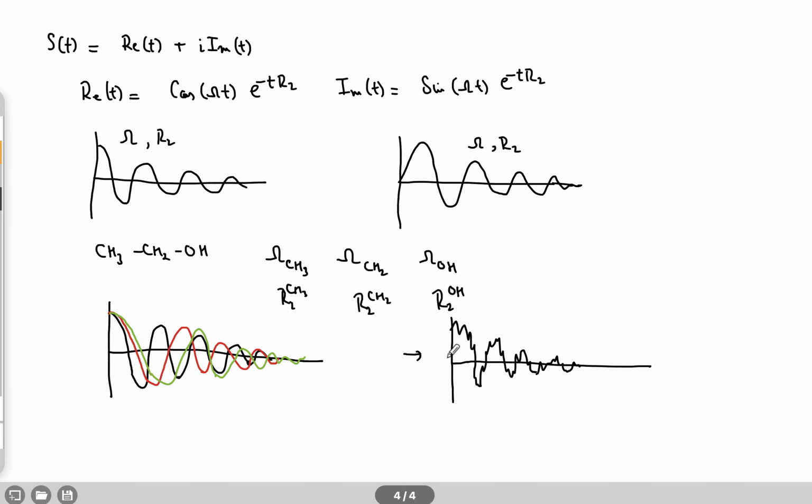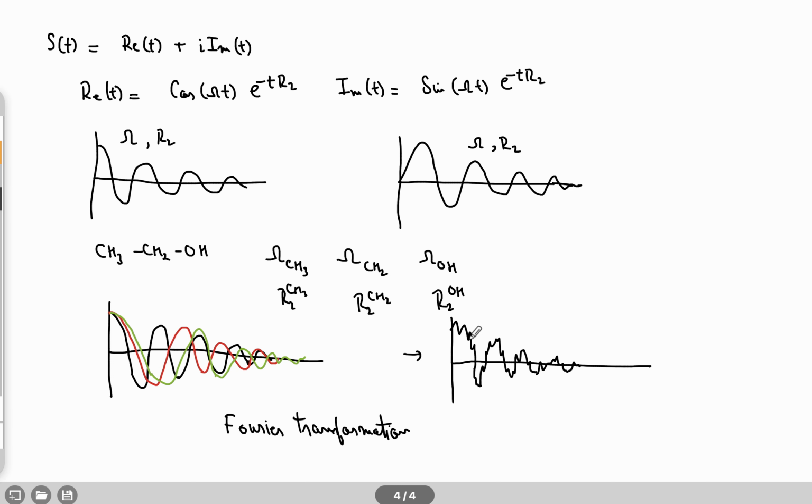So now how do you extract out the different frequencies and different R2 rates from here, right? So what we do is we use something called Fourier transformation here. So what we have said is that this is a linear combination of all three waves.